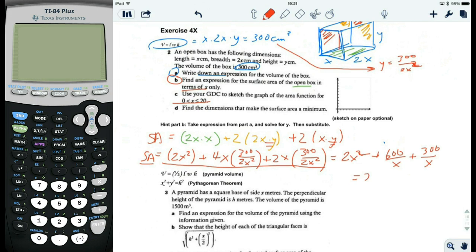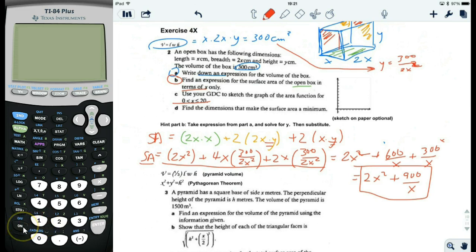So this is actually equal to 2x squared plus 900 divided by x. Because if you have 600 times 1 over x plus 300 times 1 over x, you can add those up and you get 900 divided by x. Okay? So we can put this in the calculator, 2x squared plus 900 over x.